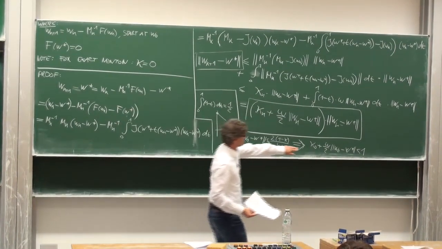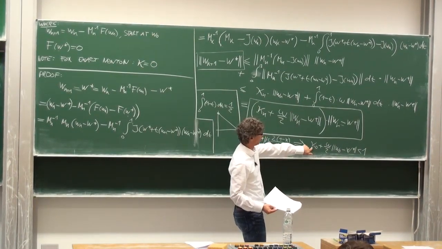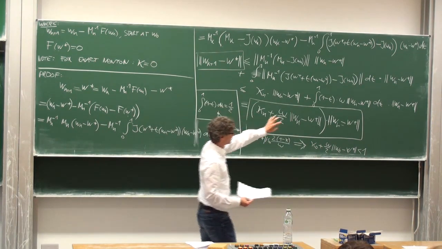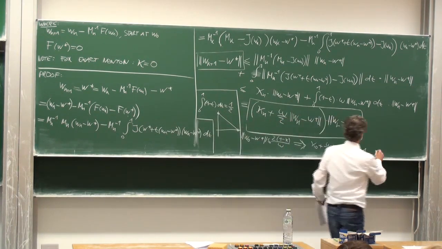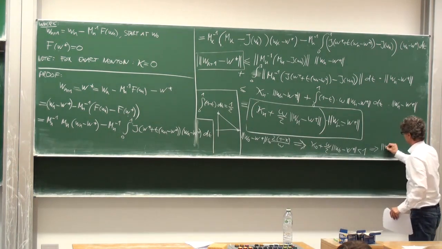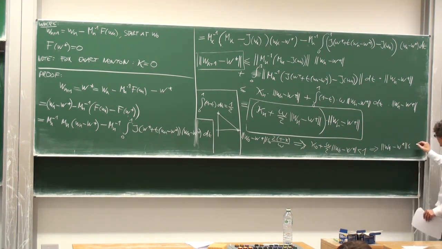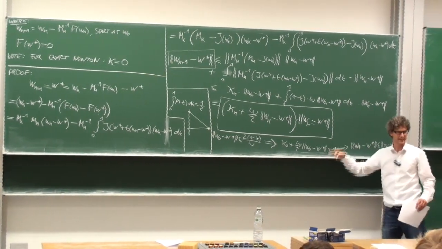But because kappa 0 is smaller than kappa, this whole thing will be smaller than 1. And that means that already the first iteration, the distance W1 minus W star is exactly smaller than W0 minus W star. And you see that it's already smaller, and that means that the same argument can be done again and again and again.